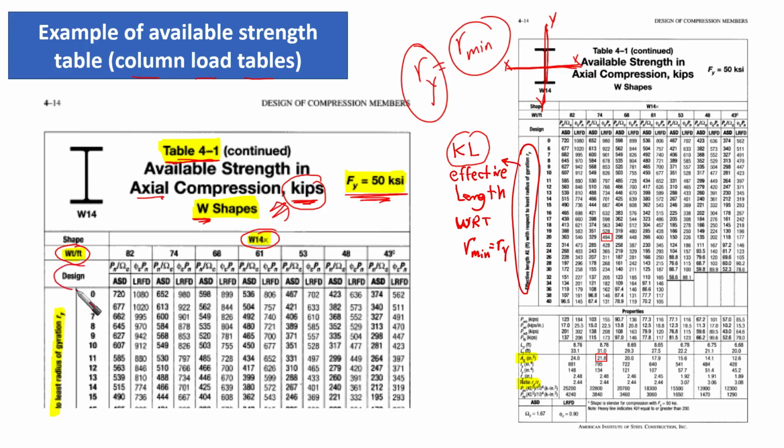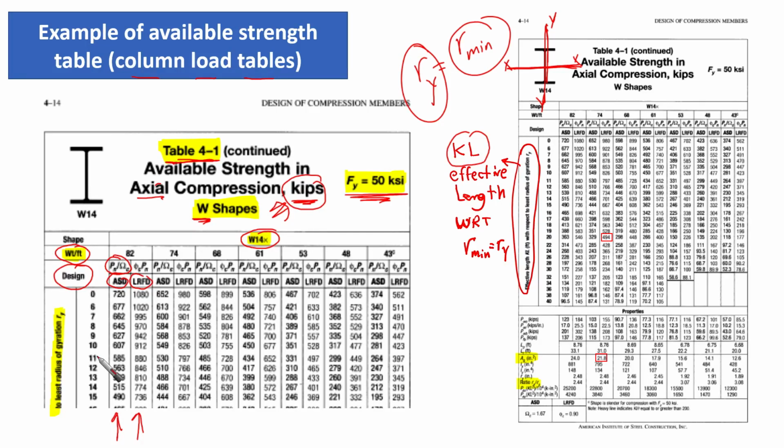After that, the third row is the design, giving us two columns, ASD and LRFD, designated as we know with Pn over omega and phi c times Pn. Every column provides the available strengths in axial compression for the corresponding KL, or effective length, with respect to the minimum radius of gyration.